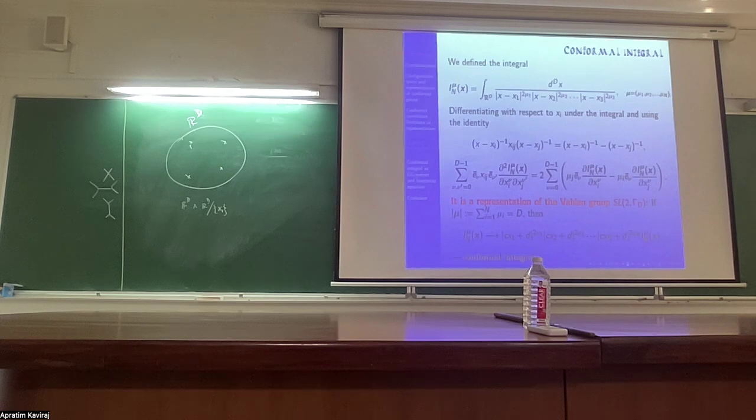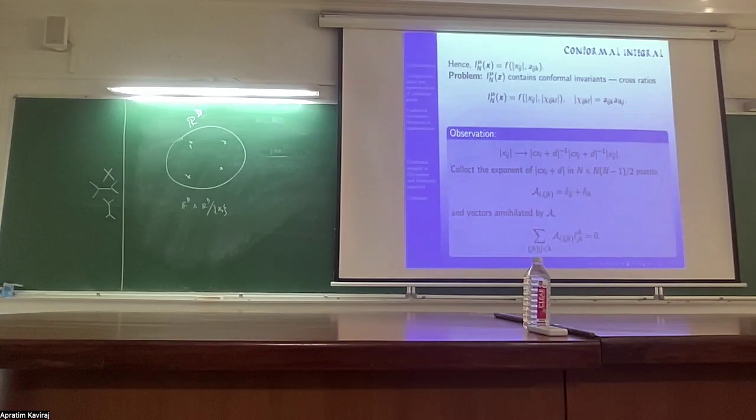Right. So now this is also a covariant expression under the Mobius, and with this condition this is what we call a conformal integral. Actually, we call it a conformal integral in this context, but I think the conformal integral was first dealt with a long time ago.